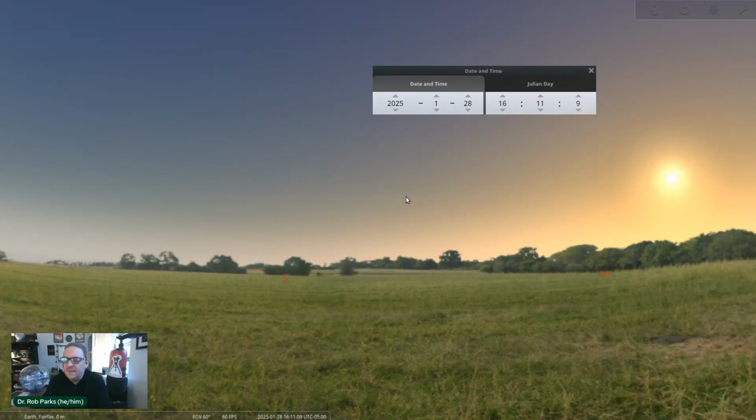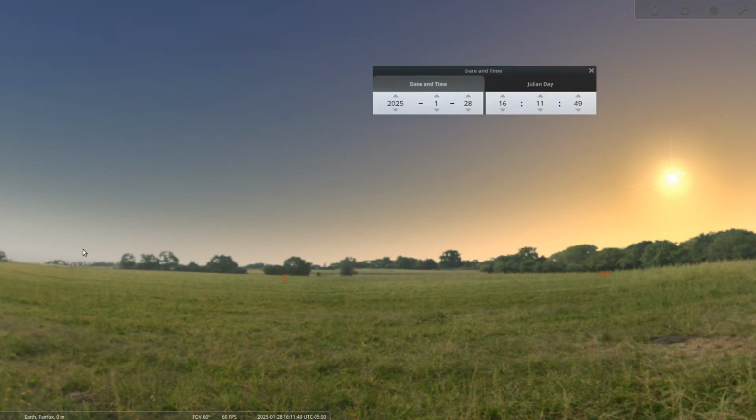At this point, this is the night sky at my location in Fairfax, Virginia, on January 28th, 2025, at approximately 4:11 in the evening. It uses a 24-hour clock, so basically add 12, so 16:11 approximately. You can see the sun is fairly low on the horizon. The way this pops up is, I moved over to the left and this bar popped up.